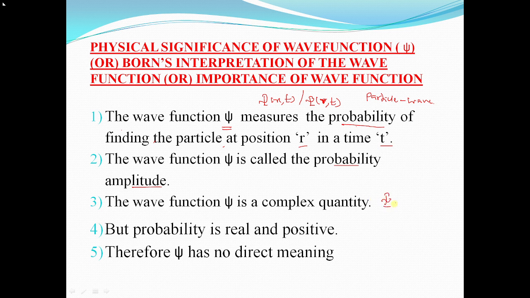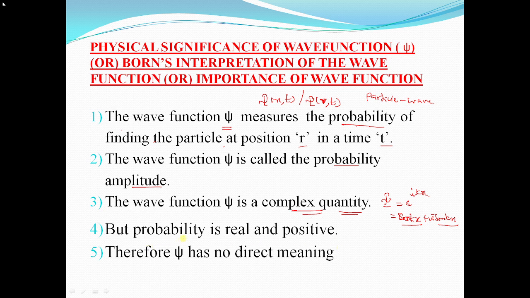Means it contains, see here, e power ikx, which I can write as cos kx plus i sin kx. This is the real part and this is the imaginary part. If any function contains a real part and an imaginary part, we call it a complex quantity.